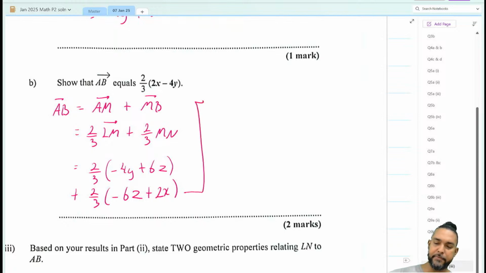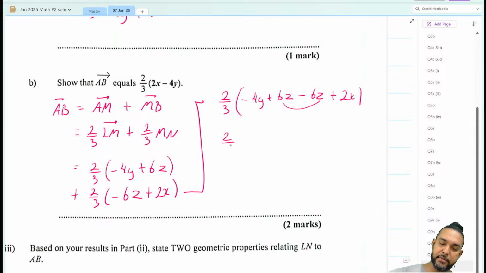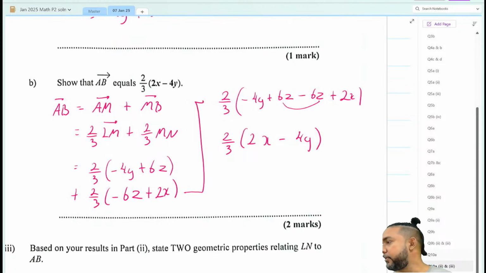And look at that, you could factor out the 2/3. And you have minus 4y plus 6z minus 6z plus 2x. So 6z minus 6z will cancel, and you could bring that 2x in the front, minus 4y. All right, cool. 6 minutes there. Not bad.